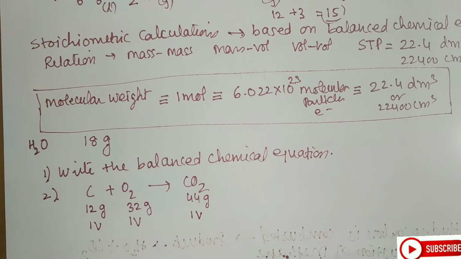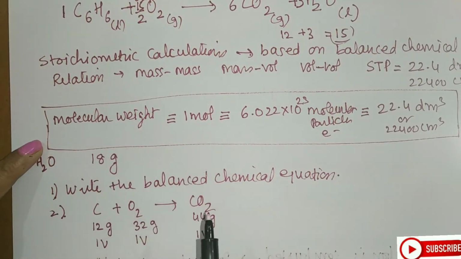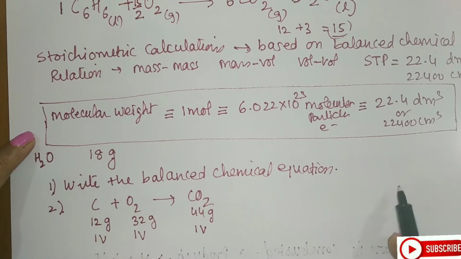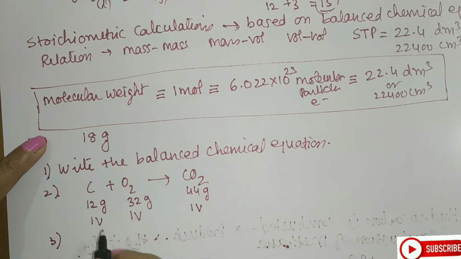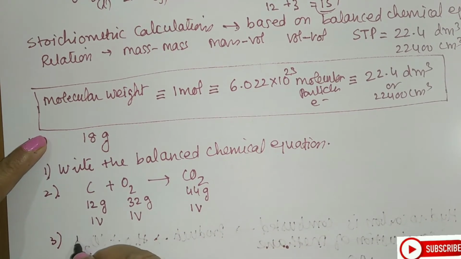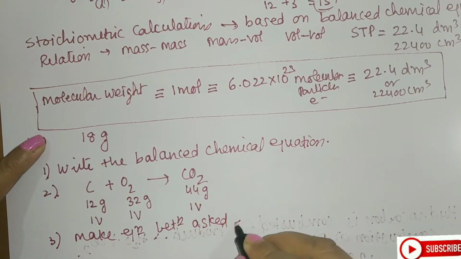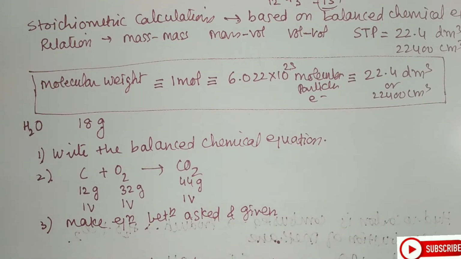Now your third step is you have to bring a relation. You have to form a relation between given and asked. So that should be your third rule, that you have to make an equation between asked and given. What is asked and what is given in the question?